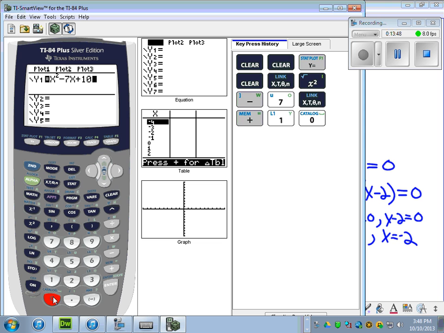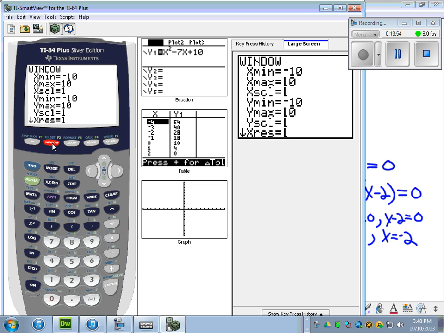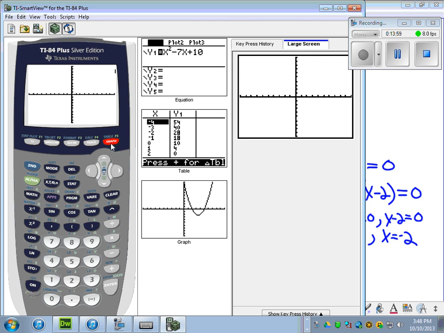All right, and then I'll double check my window. It's the standard window right now. If I press graph, I can see the basic parabola.